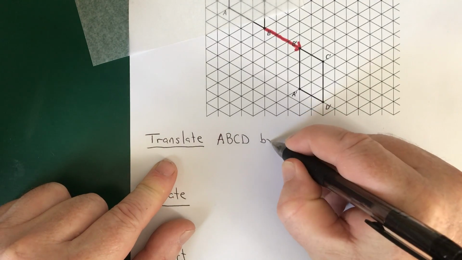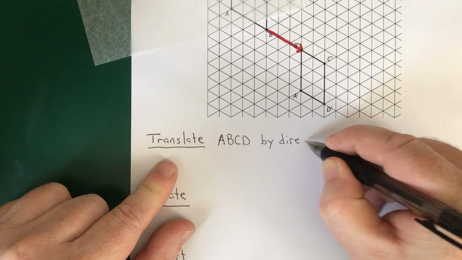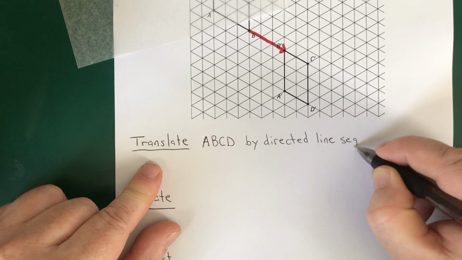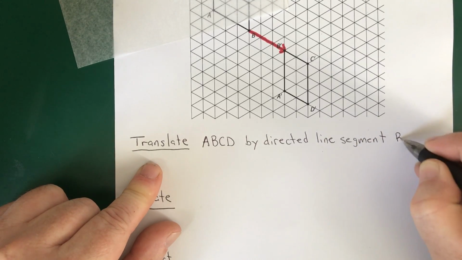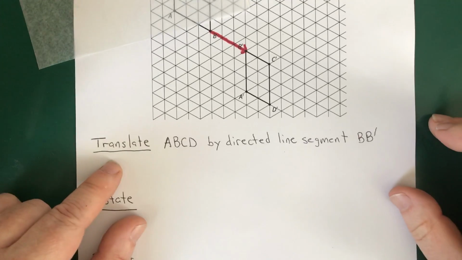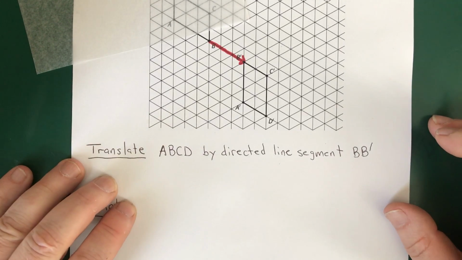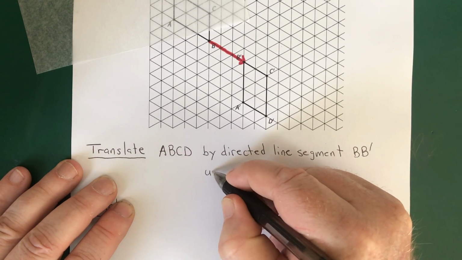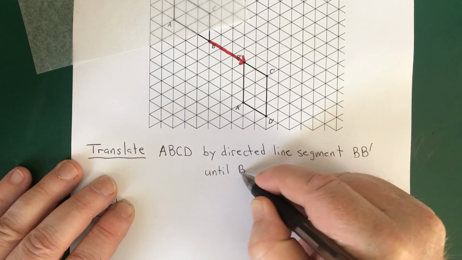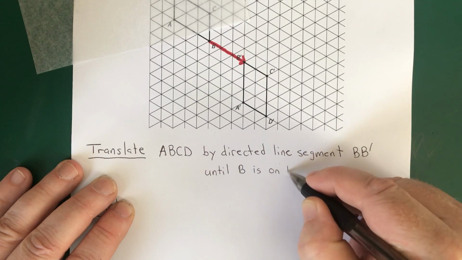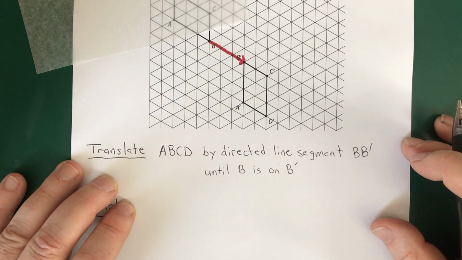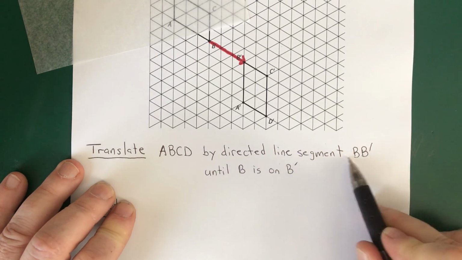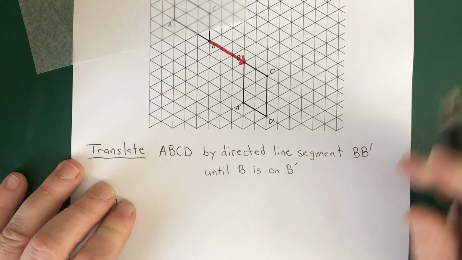So I'm going to say by directed line segment B, B prime. Another way I could do this is I could say translate A, B, C, D until B is on B prime. That's a little shorter way to do it, but the first is the most rigid way to do it.